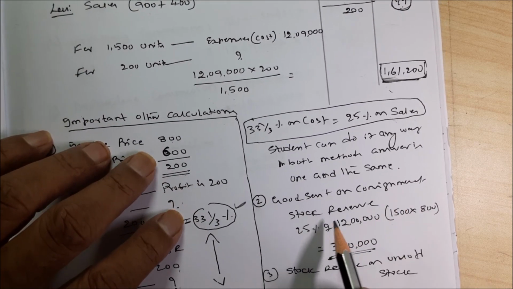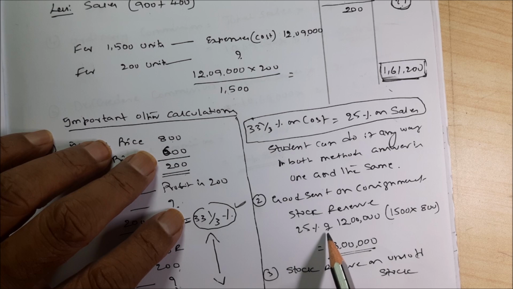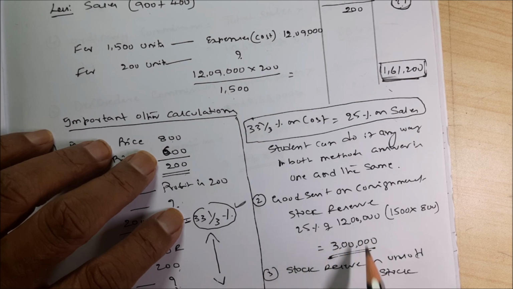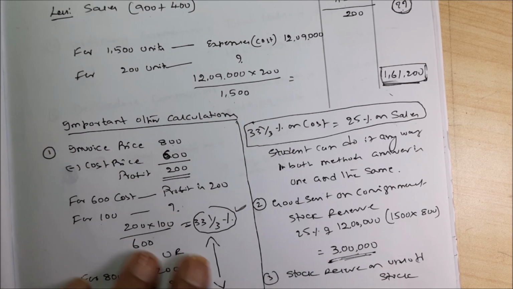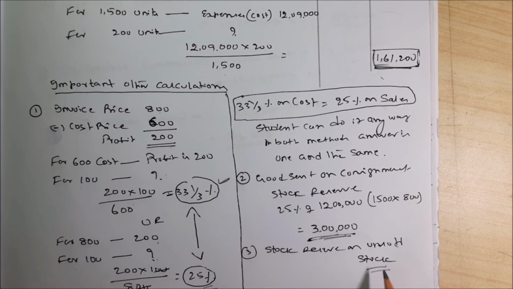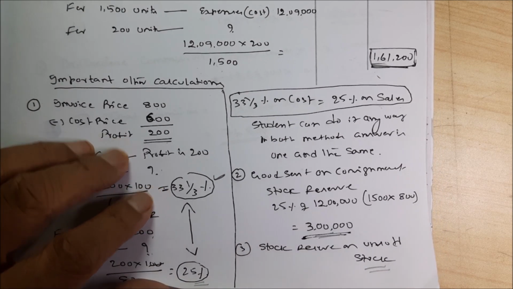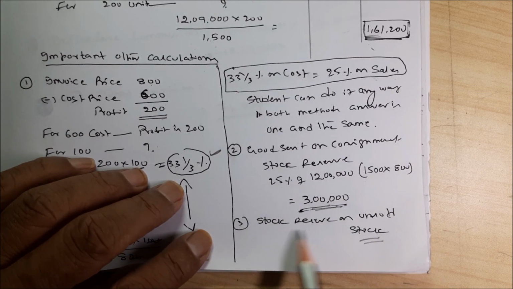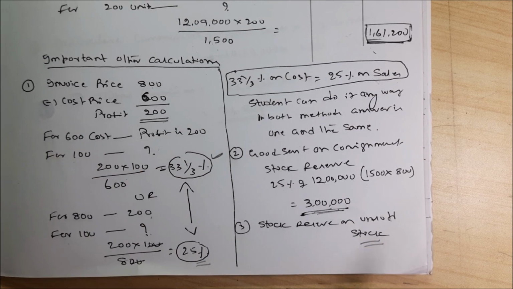Goods sent on consignment: 1500 units comes to 12 lakh. Stock reserve, 25% of 12 lakh is how much? Actually 3 lakh. Stock reserve on unsold stock: here it is a lengthy calculation, but I have shown you a very simple one-line calculation to find out the stock reserve on unsold stock.